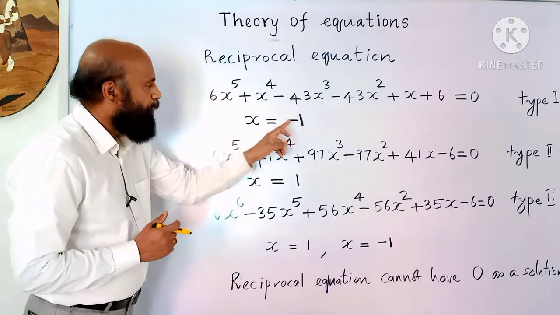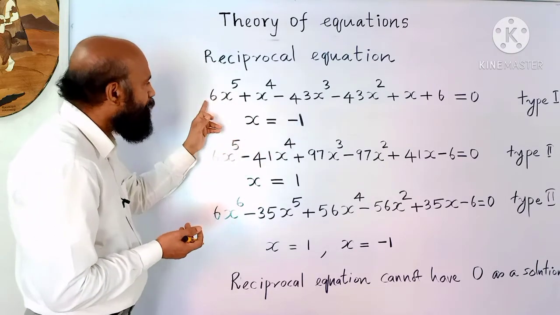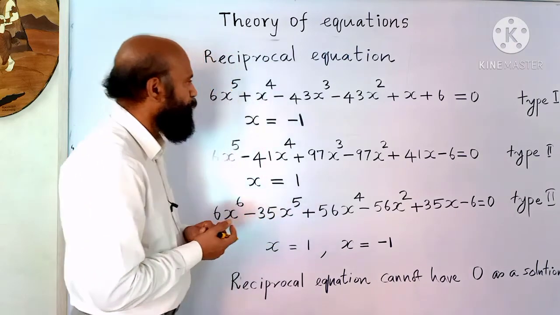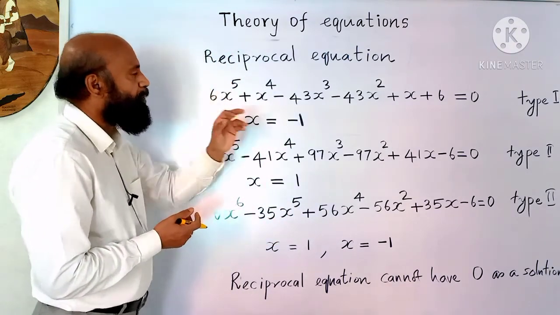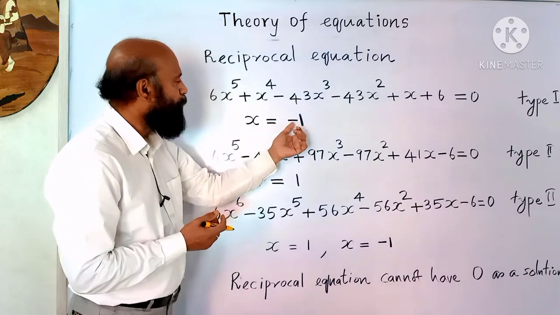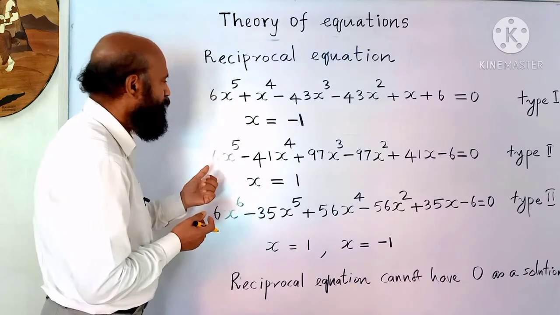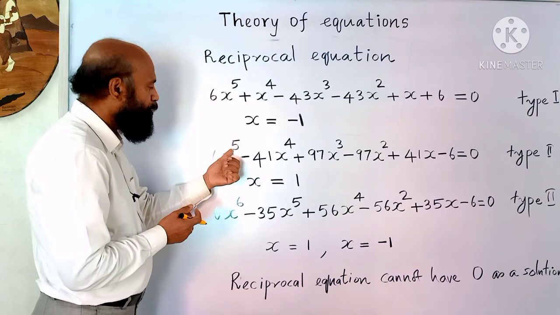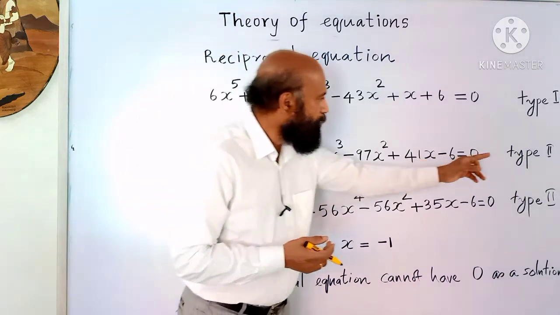So x is equal to minus 1 is a root for this equation. So for an odd degree type 1 equation, minus 1 will be a root.